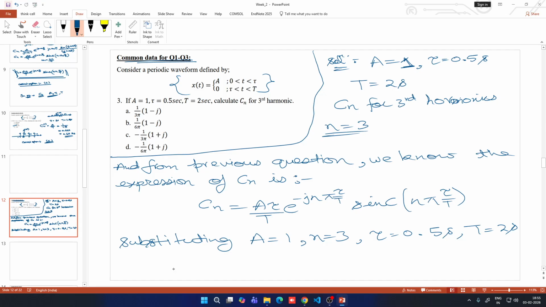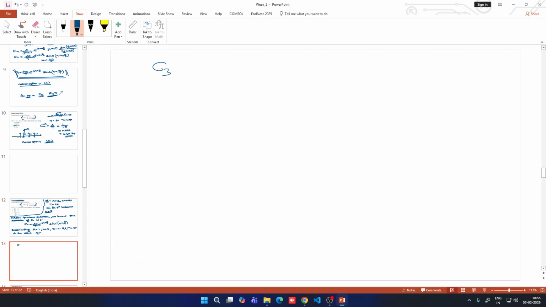That's what is given in the problem. Now if we substitute this in the above equation, we get C3.